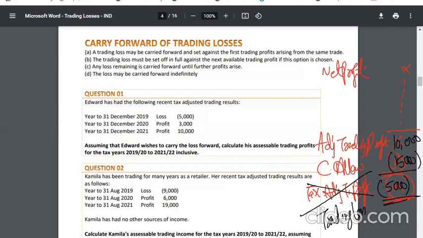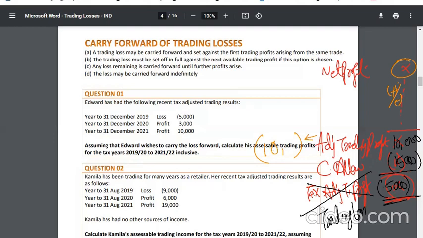There is another scenario as well. We may get the adjusted trading profit in minus. It is possible we have a net profit, and when we are adding and deducting things under the add and less rules, we get a negative answer. It's possible, right? So let's assume we have negative 10,000.